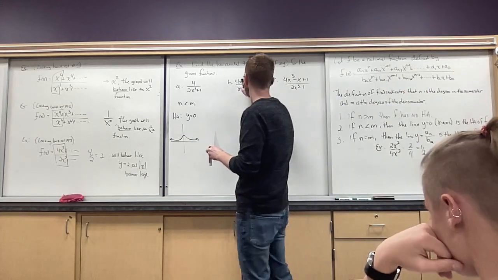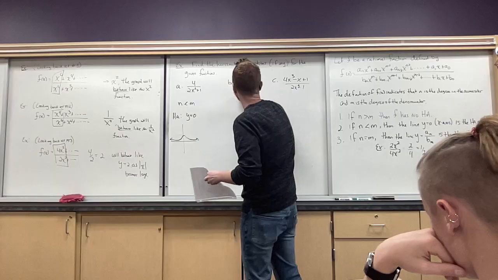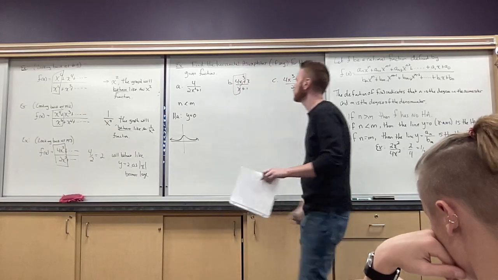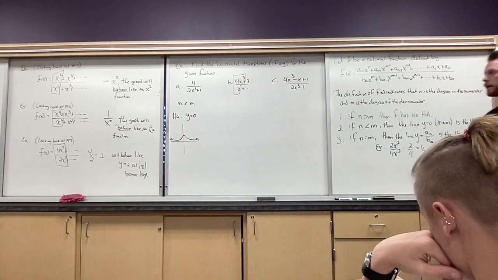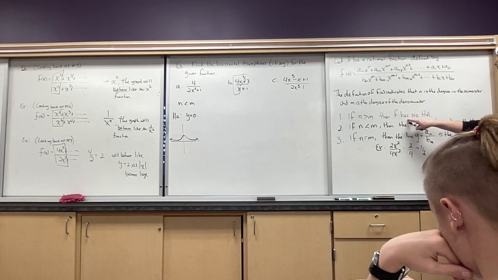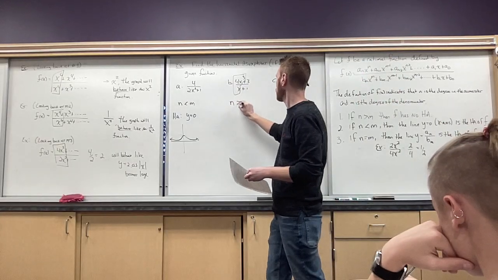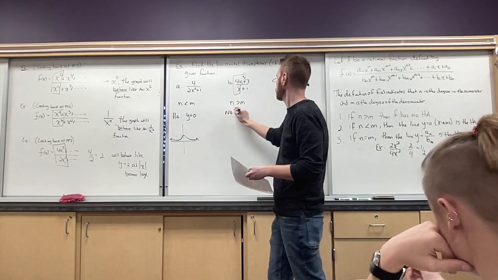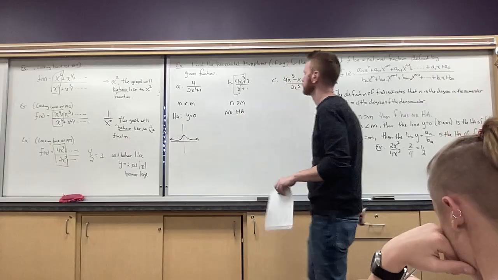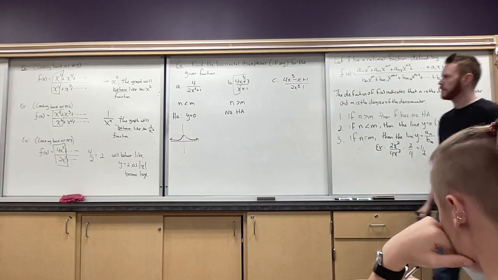Okay, next one. And let me just put a color here. I'm only focused on the largest terms in the numerator and denominator. And we have a third on top and a 1 on the bottom. Okay, so looking at that, that is rule number 1. So n is greater than m. So in this case, there would be no horizontal asymptote. And let's think about that for a moment.